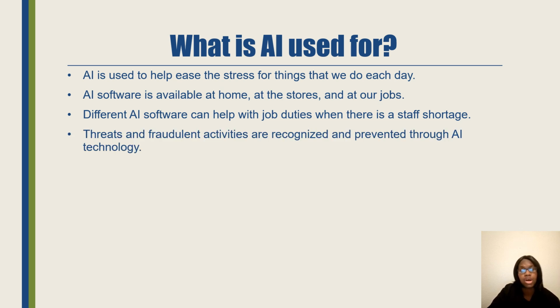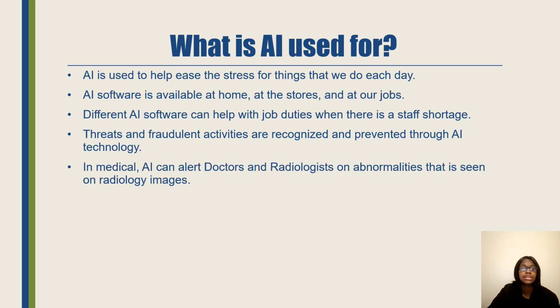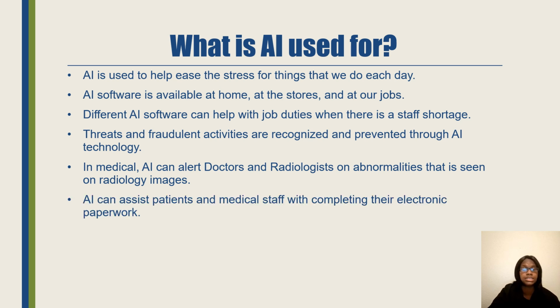Any threats and fraudulent activities, AI can recognize and maybe help lock your account or flag that someone is trying to commit some type of fraudulent activity. It can alert doctors and radiologists to any type of abnormality seen on the images. It can assist patients and medical staff with completing their paperwork.